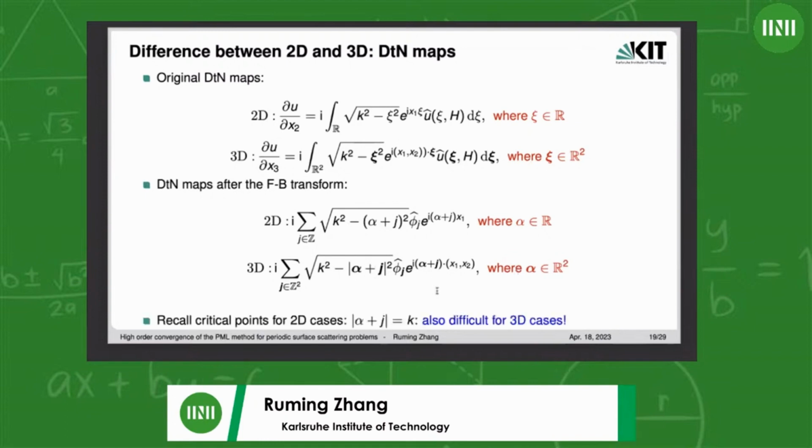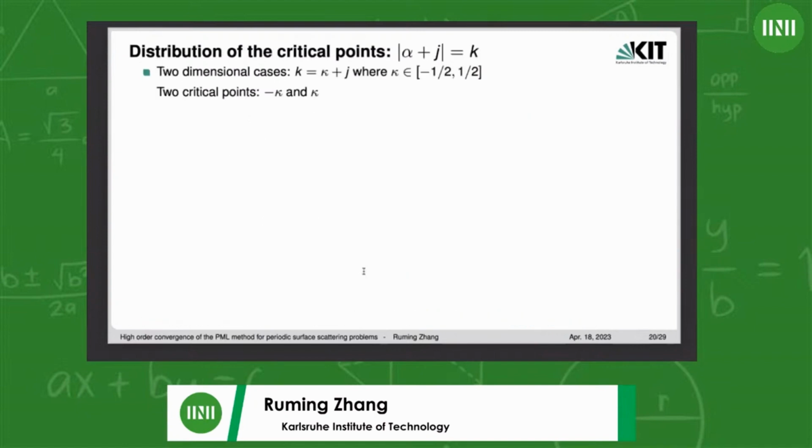Recall that in 2D we made this assumption on alpha plus G. For the 2D case, we noted that the difficult points are when alpha plus G equals k, and this difficulty also holds in 3D. That is, the norm of alpha plus G equals k. In this case, it is still difficult.